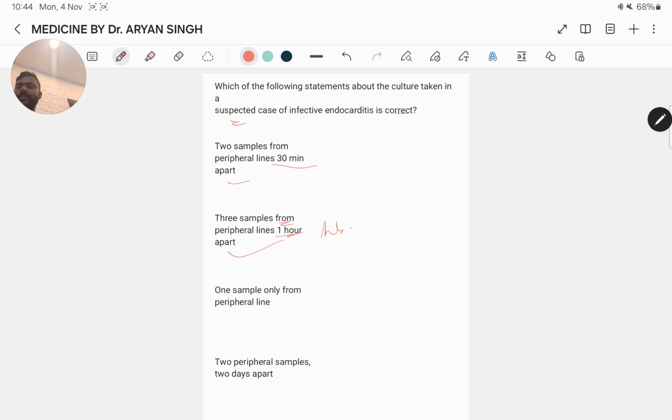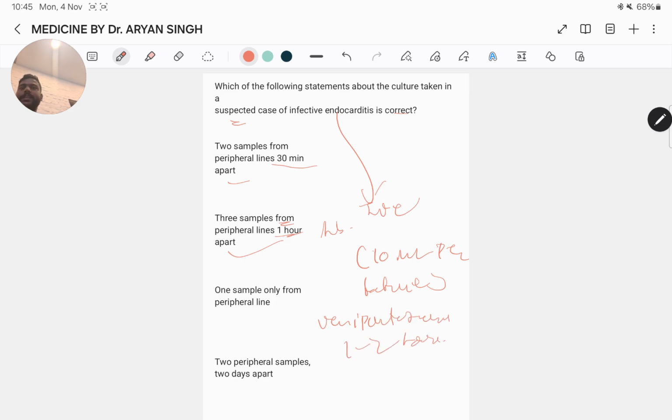This is the correct answer because of the blood culture in a patient suspected of infective endocarditis who has not received antibiotics during the prior 2 weeks. 2 bottles of blood culture set containing the appropriate volume of blood, 10 ml per bottle, should be obtained from different venipuncture sites, 1 to 2 hours apart.